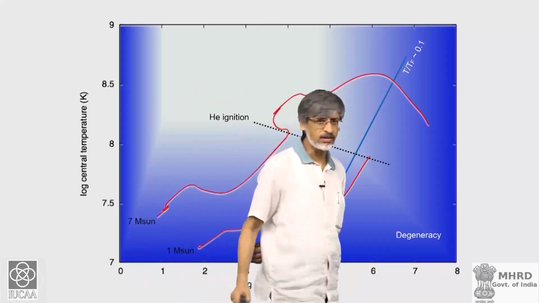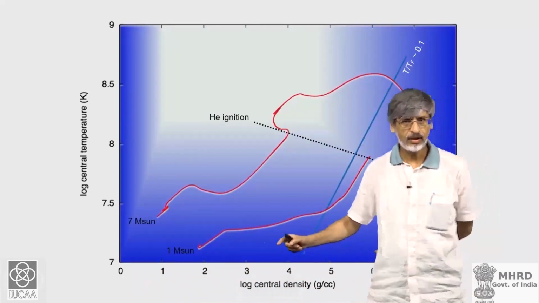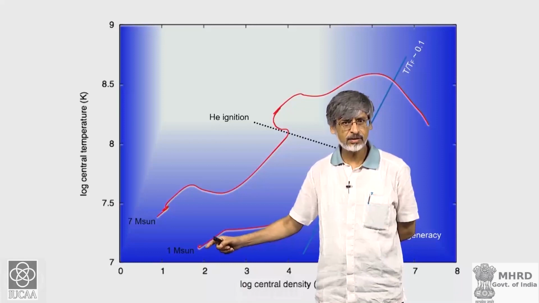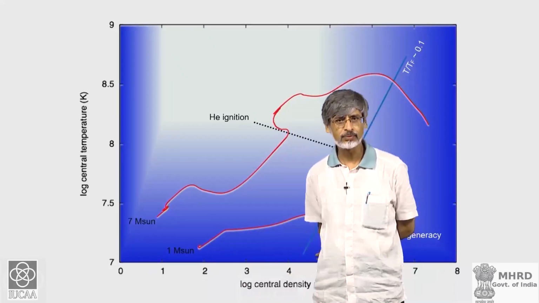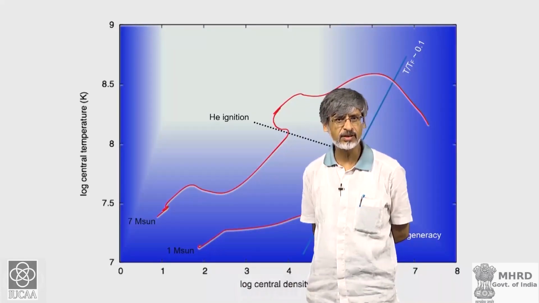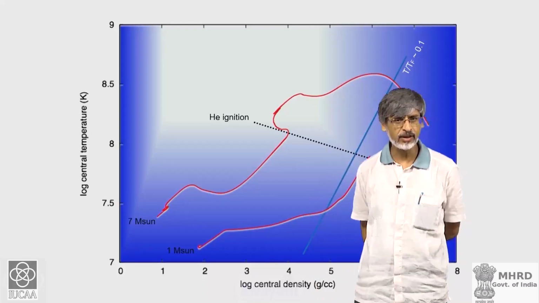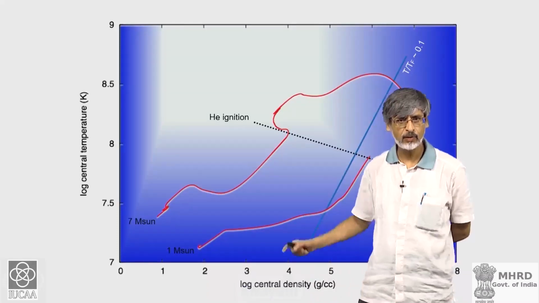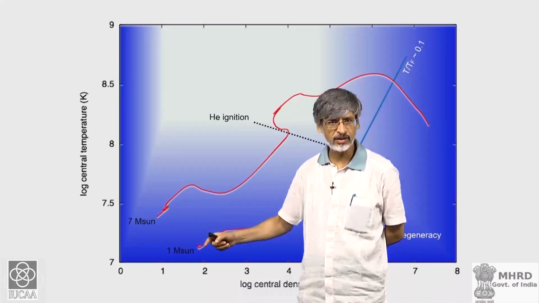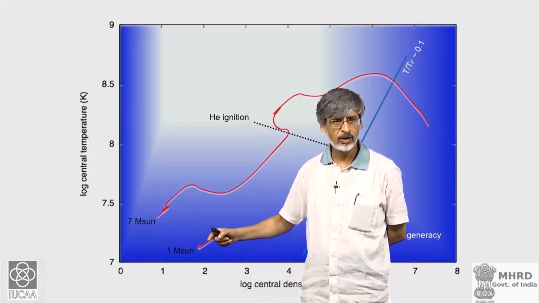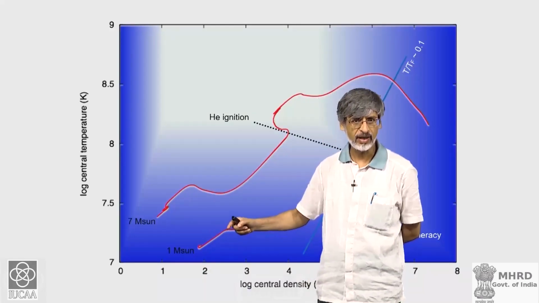As we already discussed, the star starts with a certain central density and temperature, where hydrogen burning is going on, and once the hydrogen is exhausted, the core will begin to contract.